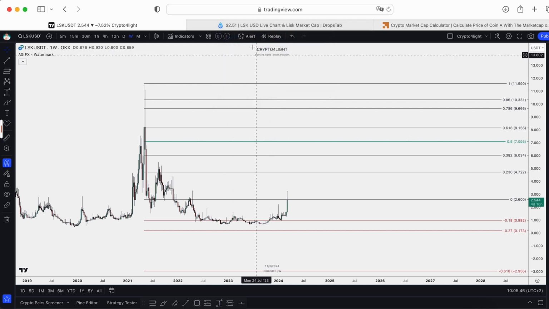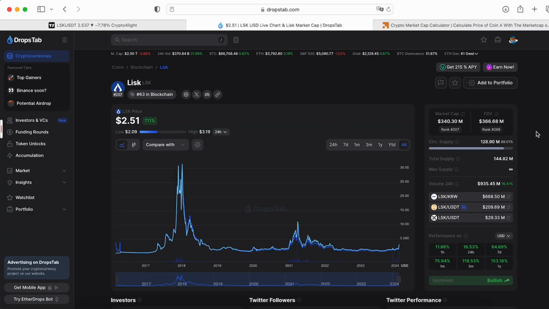I just would like to show you my price targets for this cycle. Take a look at the market cap and data. At this current moment, the market cap is 340 million, with circulating supply around 89%, around 129 million coins in the market.